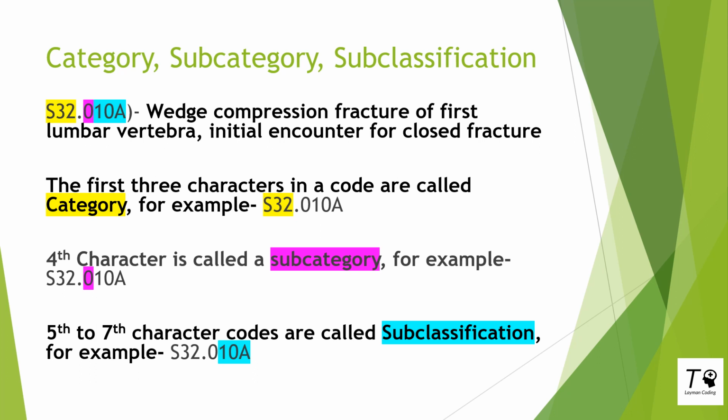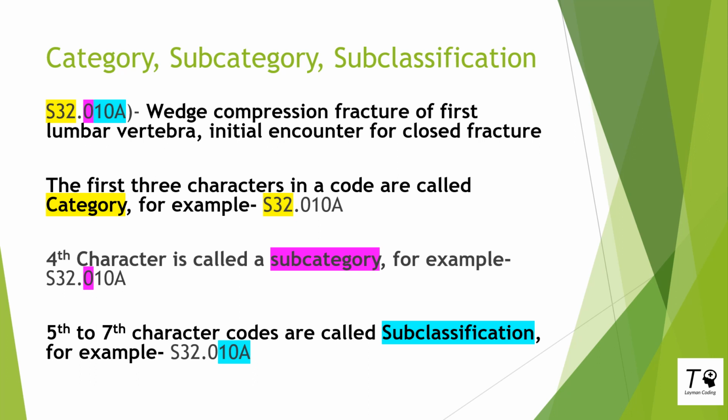The S32 category will tell you which chapter it belongs to. The 4th character 0 will tell you about etiology, and the 5th and 6th characters will tell you about specificity, laterality, and the 7th character, which you can see here as A, will tell you it is an initial encounter.